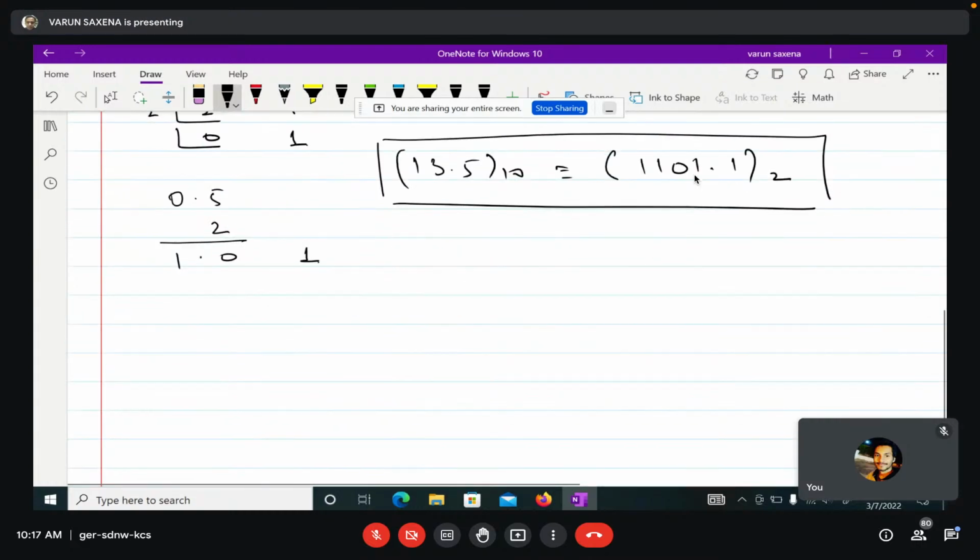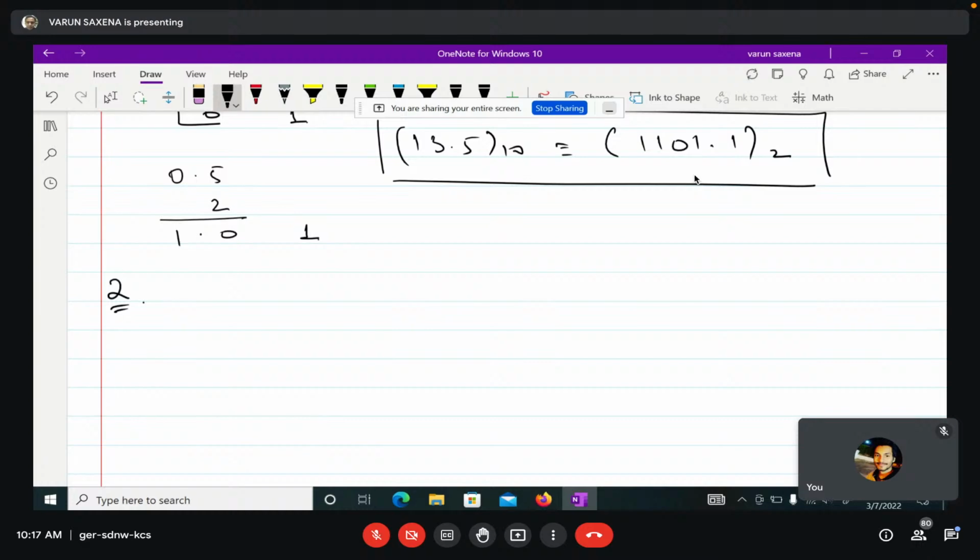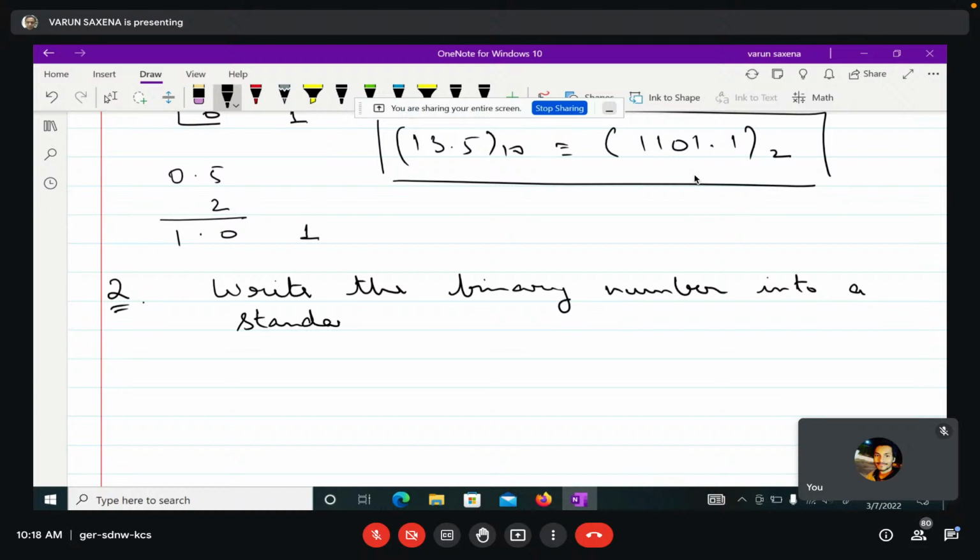Okay. Then comes the second step. In the second step, write the binary number into a standard scientific notation.